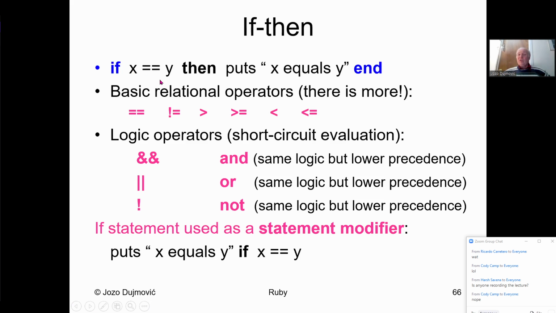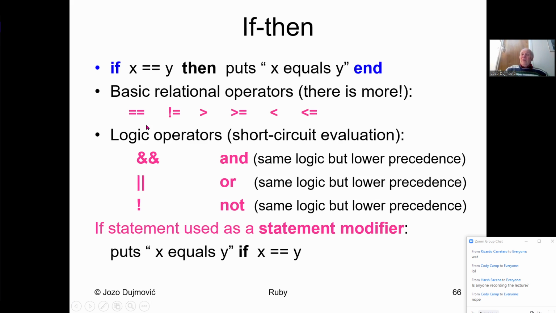This is an expression. So if x equals y, then make a side effect, put string x equals y. So if x is y, display this, and then what is going to be returned? Well, there are only side effects, so it is going to return nil. But if you put something else inside, it is going to return the value.